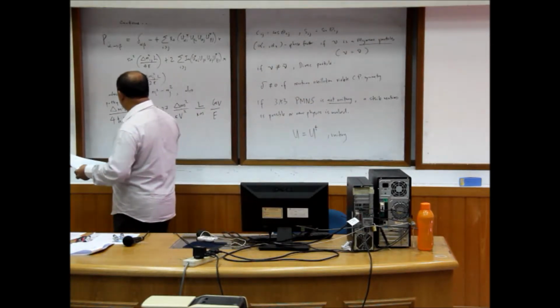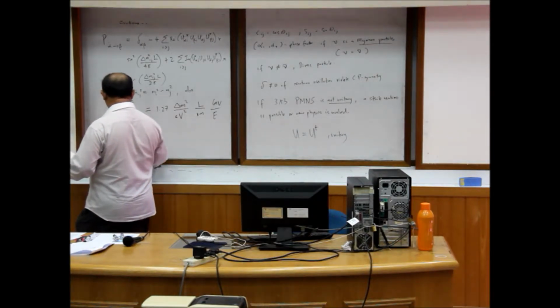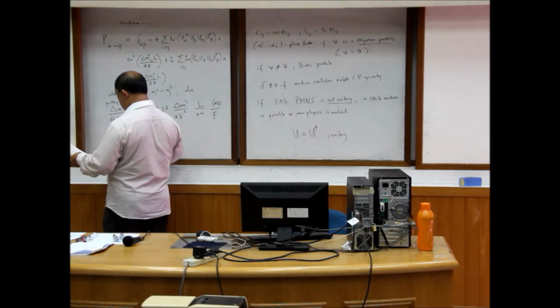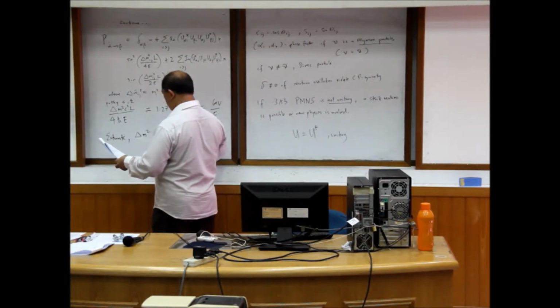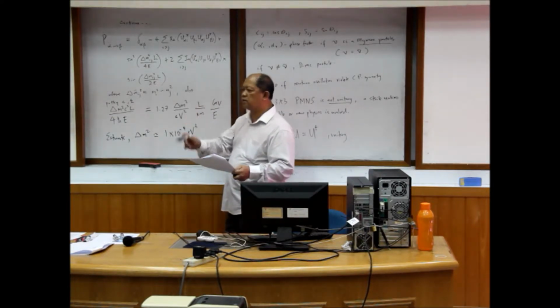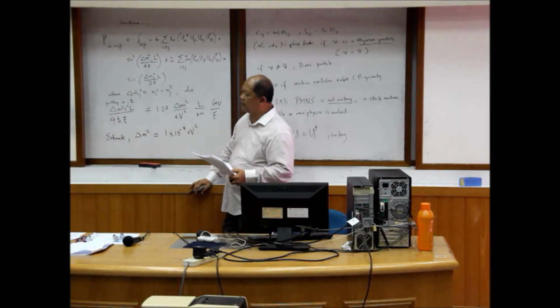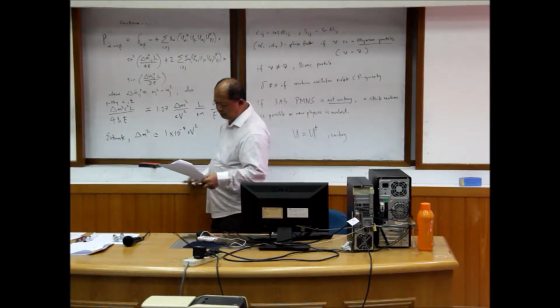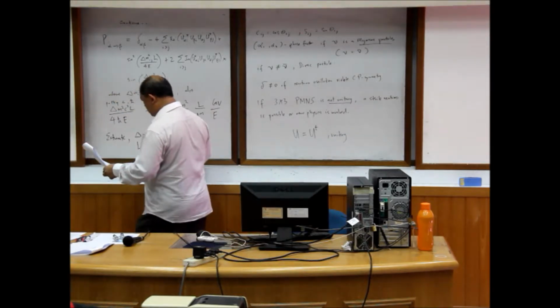Now you can make an estimate from experiment. The estimate says that delta M square is of the order of 1 times 10 to the minus 4 eV square. The difference in the mass of the muon neutrino, tau neutrino, and electron neutrino is of this order, quite small. And oscillation from experiment, L is of the order of a few kilometers.